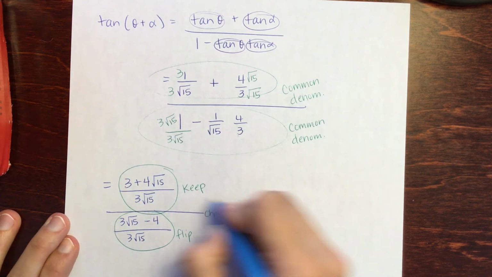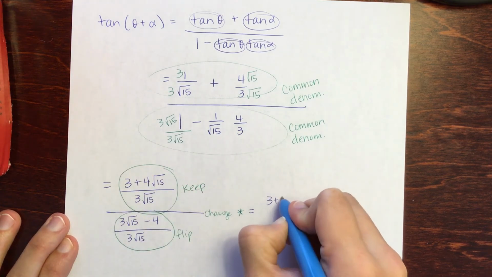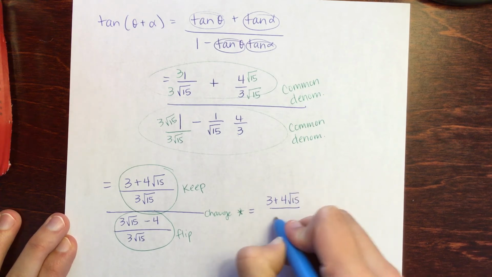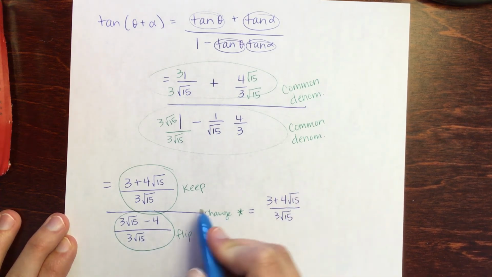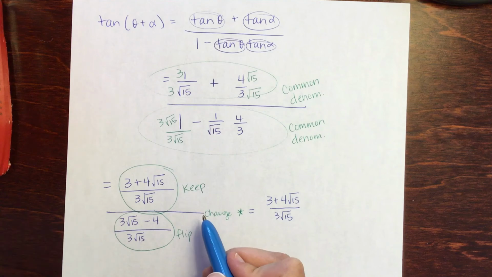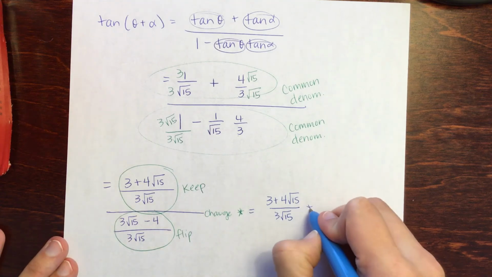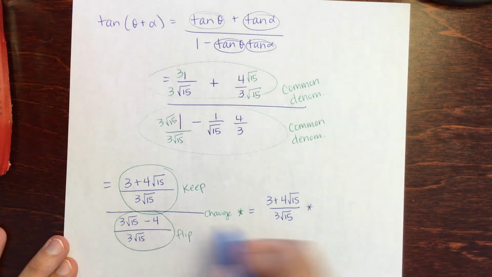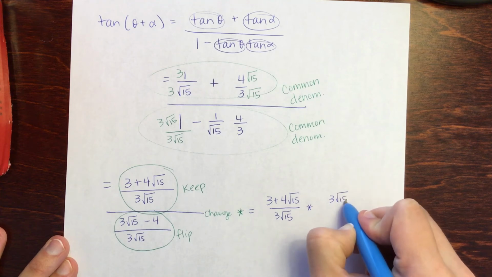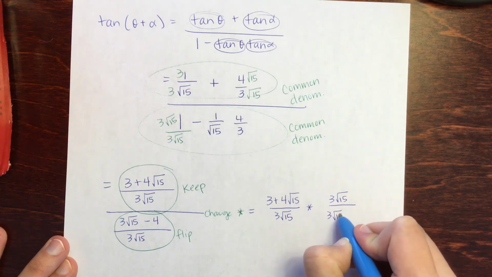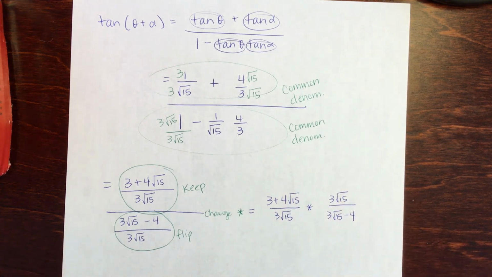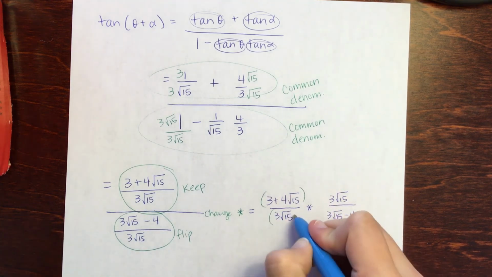So keep this top fraction as is. Instead of me dividing now, fraction bars mean dividing, I'm going to be multiplying and flip this second fraction, this bottom fraction. All right, and from here, the whole point of doing this is so that hopefully things will cancel.